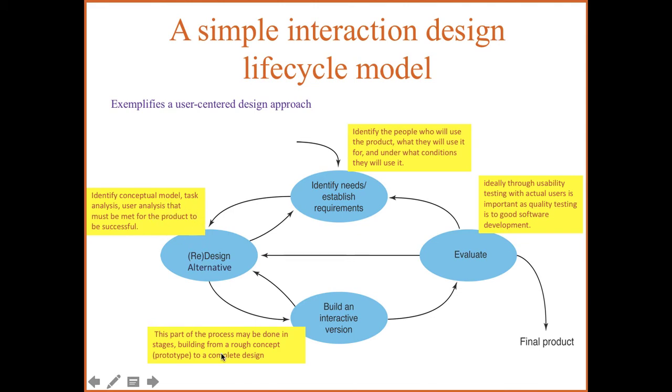Okay, then only you design them. Okay, this part of the process may be done in the stage of building a rough concept prototype to complete the design, like paper prototyping, slide presentation, and prototyping. Normally, we use paper prototyping in order to highlight the prototype of your proposed system.